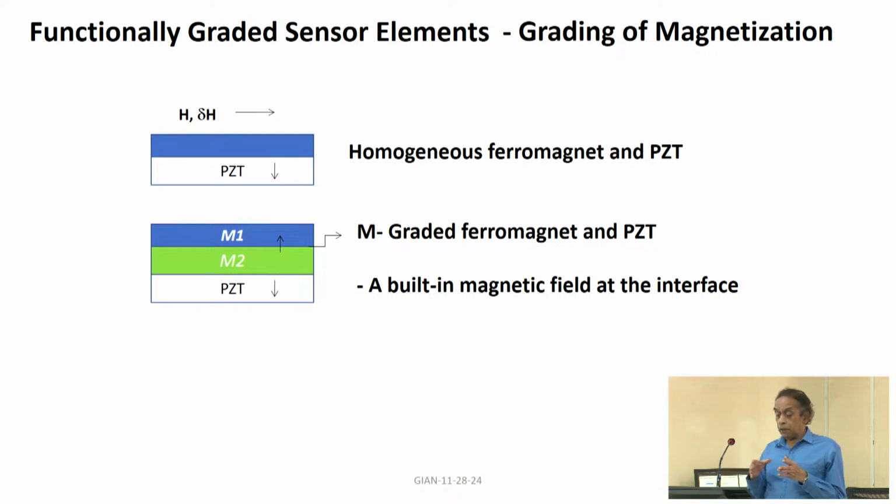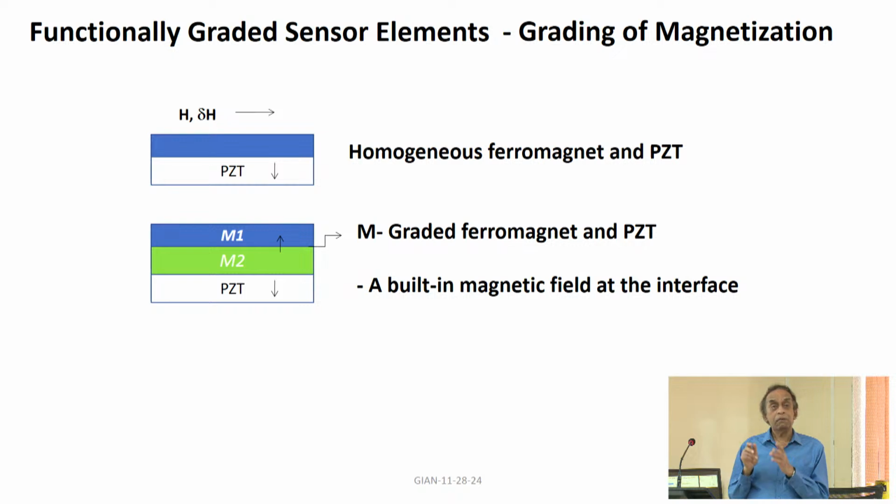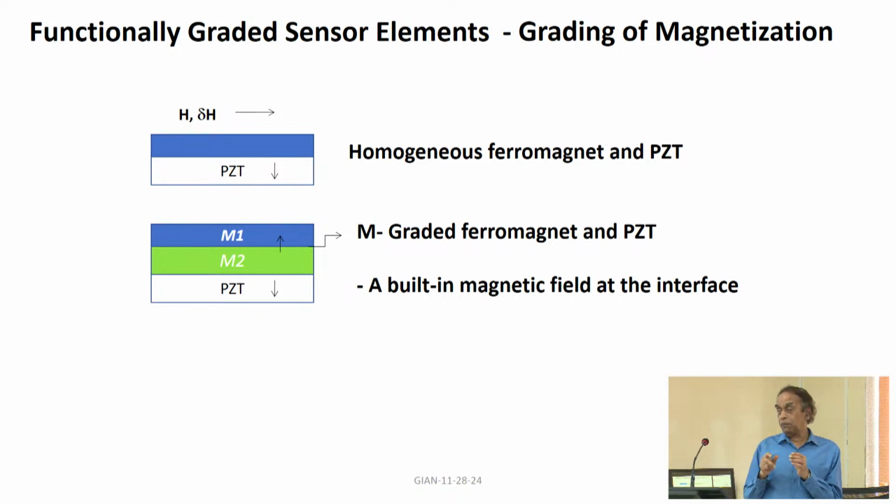If you grade the ferromagnet or the ferroelectric, what you can do is you can get rid of the need for a biased magnetic field, right. To operate the sensor at its best sensitivity, we know that you may have to apply a bias field that will produce a lot of difficulties when you want to put together an array, because each element will have its own magnet.